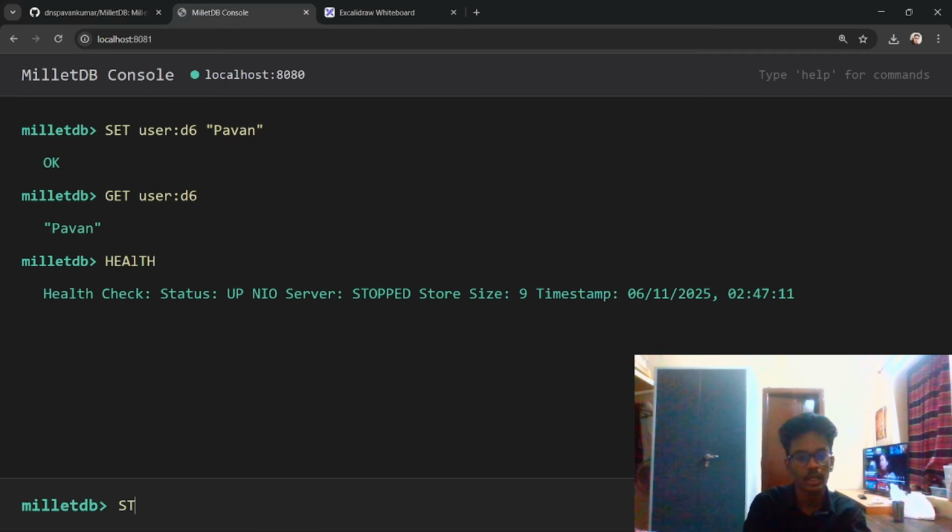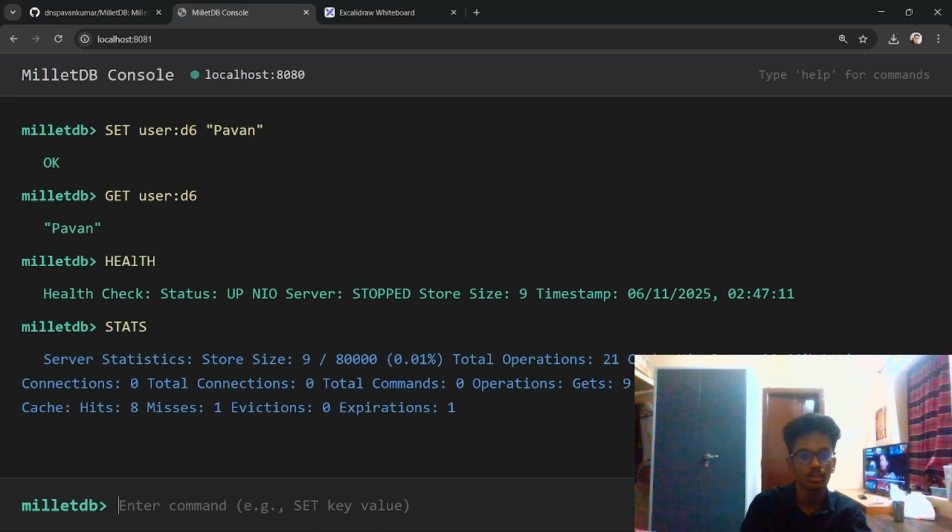You could also see the stats, and you can also do something like set user. Okay, instead of typing some random thing and thinking so much, I'll ask the syntax from some AI agent. It would give me some commands for it.